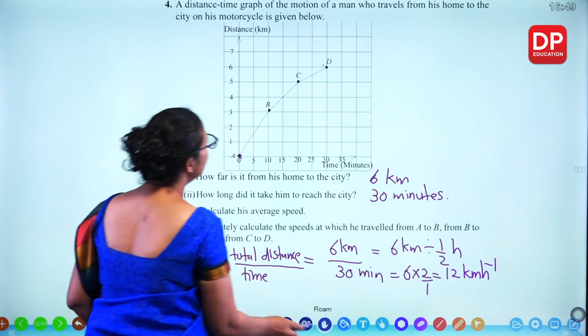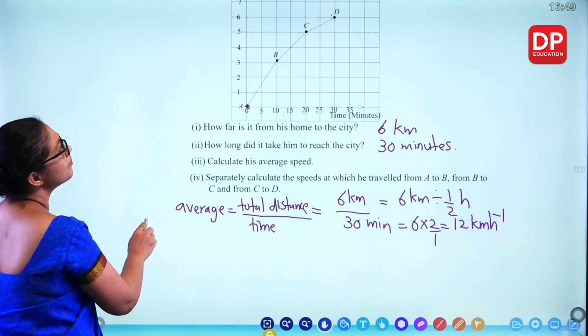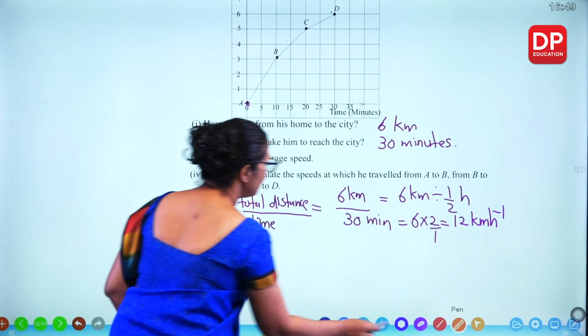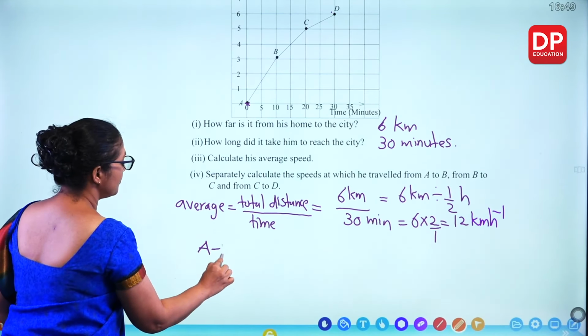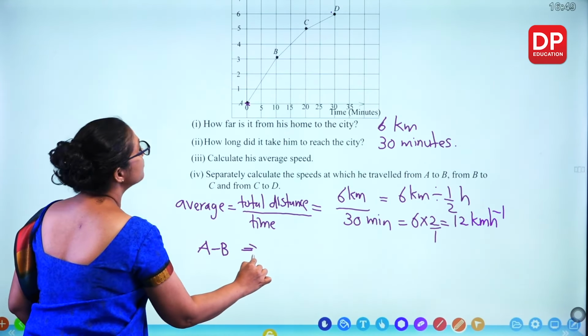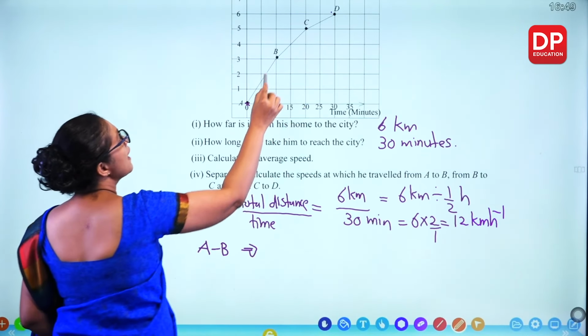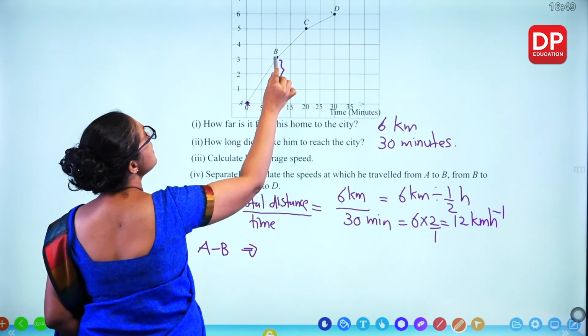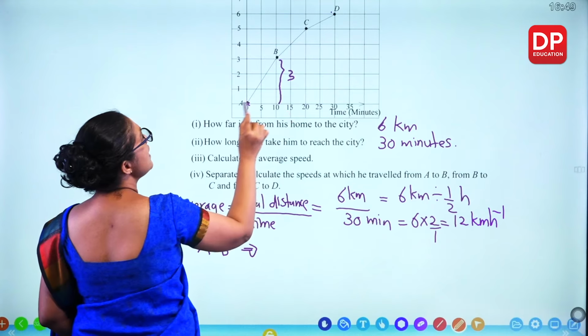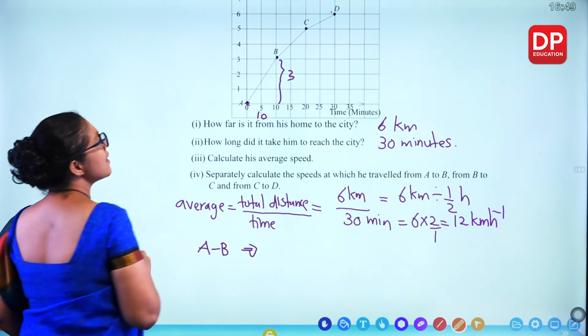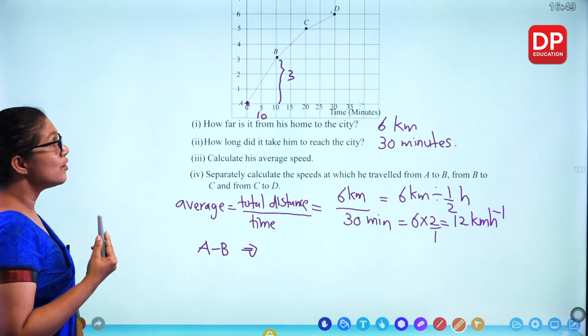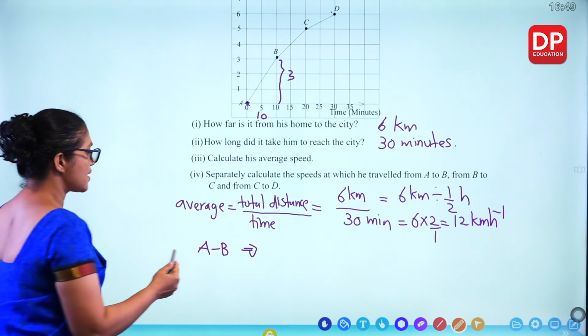A to B. A to B, that means this part. The distance travelled here is 3 minus 0 is 3. This is 10 minutes. So you can convert to hours.